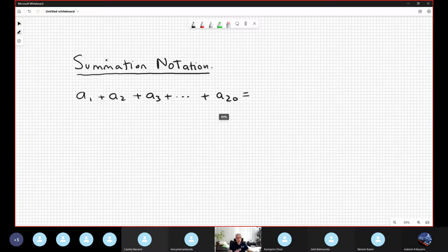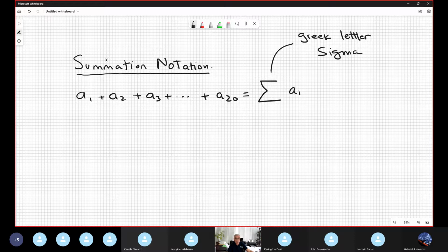So the length is 20 elements. You can condense it using this symbol, sigma. This is the Greek letter called sigma. And you put the explicit formula here.